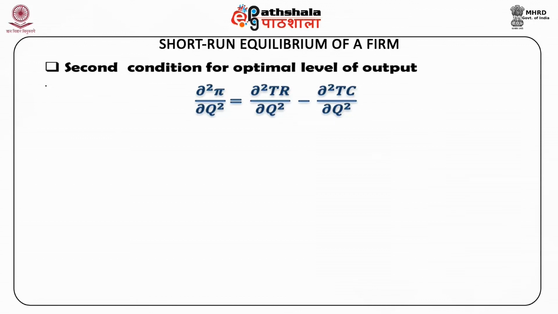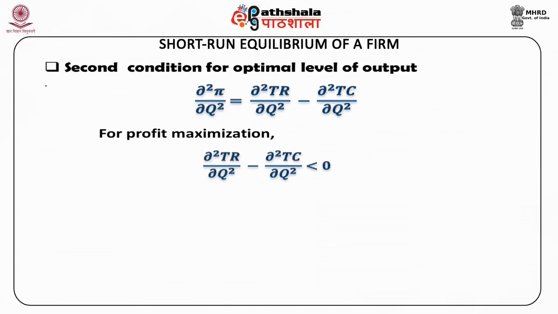This must be negative for the profit function to be maximized. That is, ∂²Total Revenue/∂Q² minus ∂²Total Cost/∂Q² should be made less than 0.